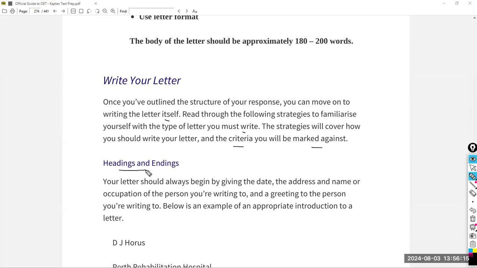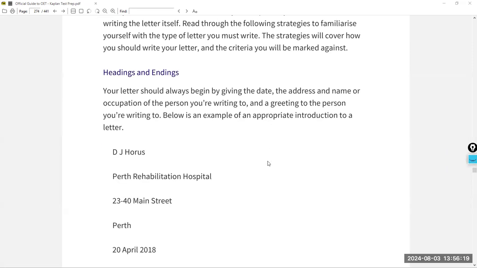Now, headings and endings. Your letter should always begin by giving the date, the address, the name or occupation of the person you're writing to, and a greeting to the person you're writing to. Below is an example of an appropriate introduction to your letter.